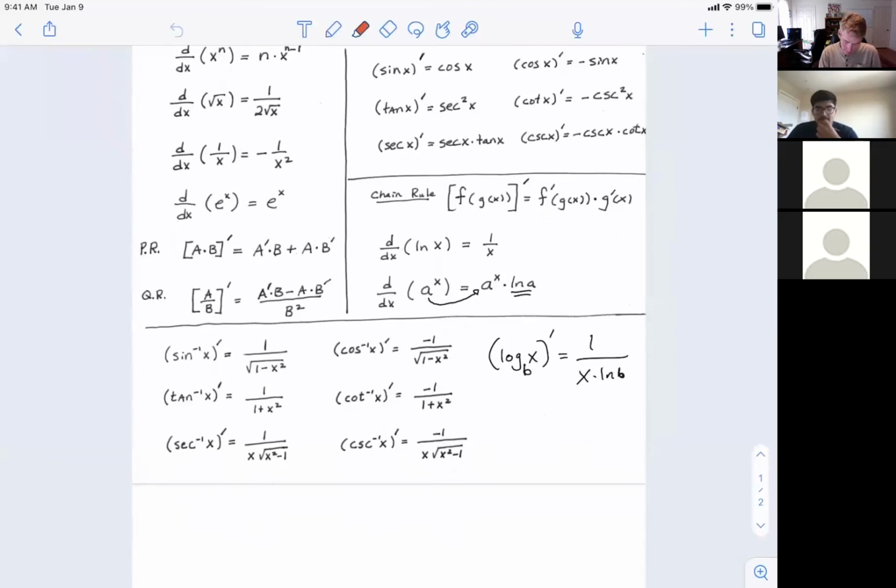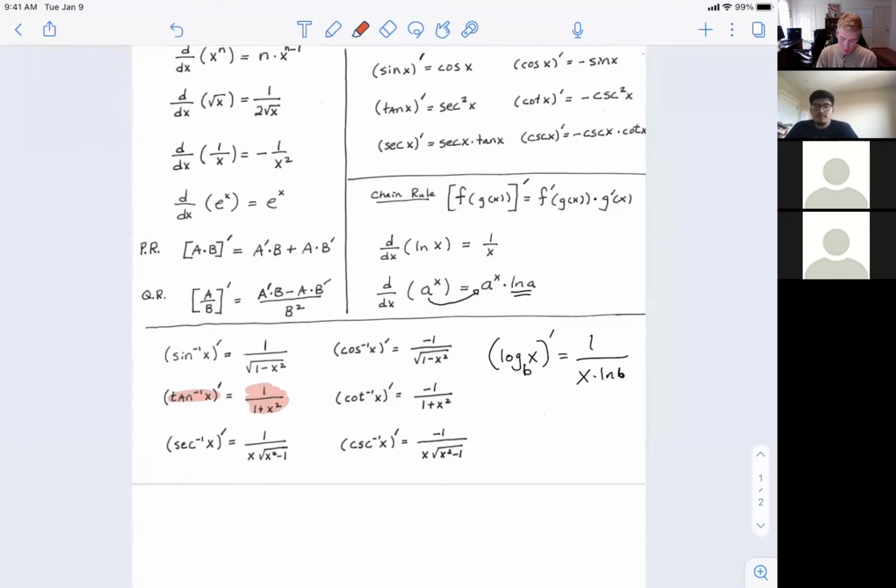Well, it's tangent inverse. The derivative of tangent inverse is this one right here. It's going to be 1 over 1 plus x squared, which seems weird because that's not even a trig function. But it turns out that is the derivative.